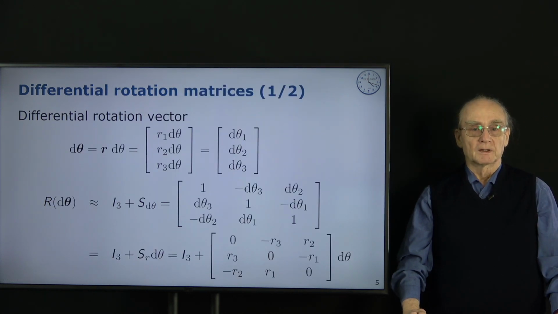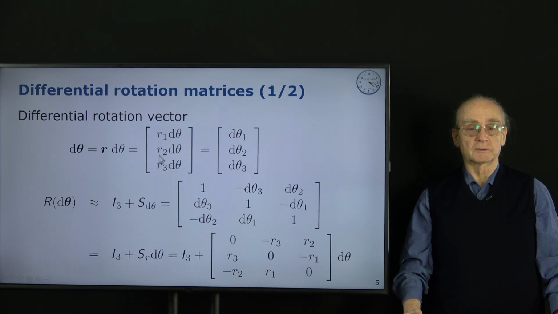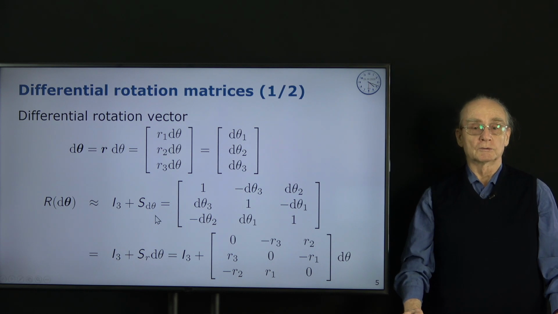Now let's have a look at how these differential rotation matrices look in more detail. So let's start with the differential rotation vector, which is the rotation axis multiplied with a small angle. So we have this relation, the elements of the direction of the axis multiplied with the small angle. And then we of course get the expression 1 plus a skew-symmetric matrix of this small rotation vector.